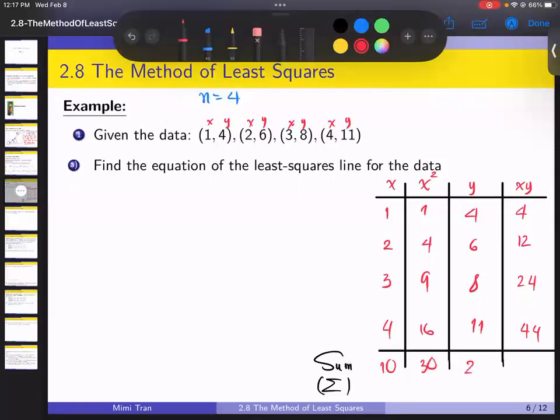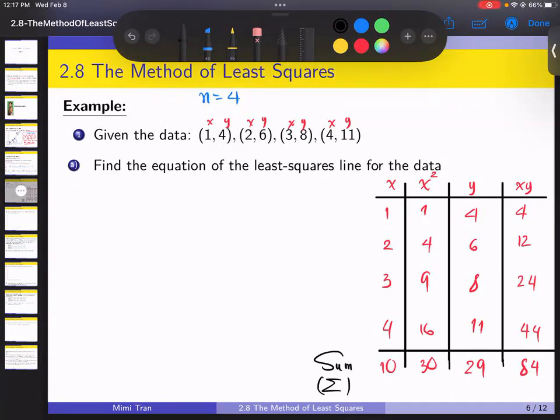And then 29, and then 84. So far, so good?